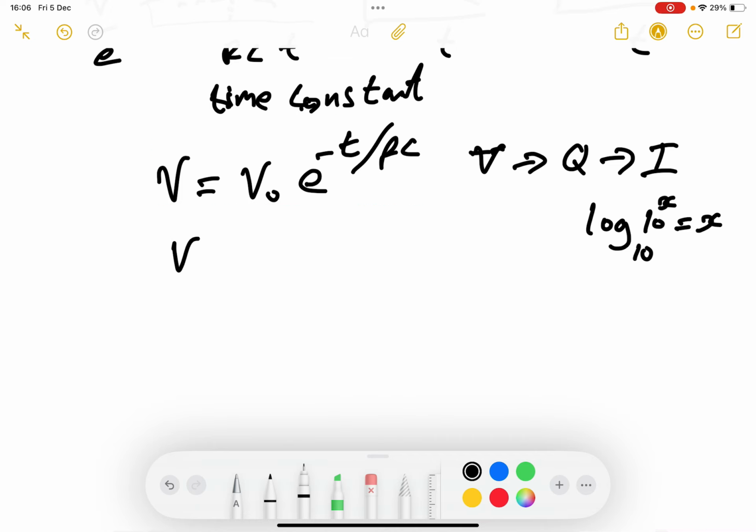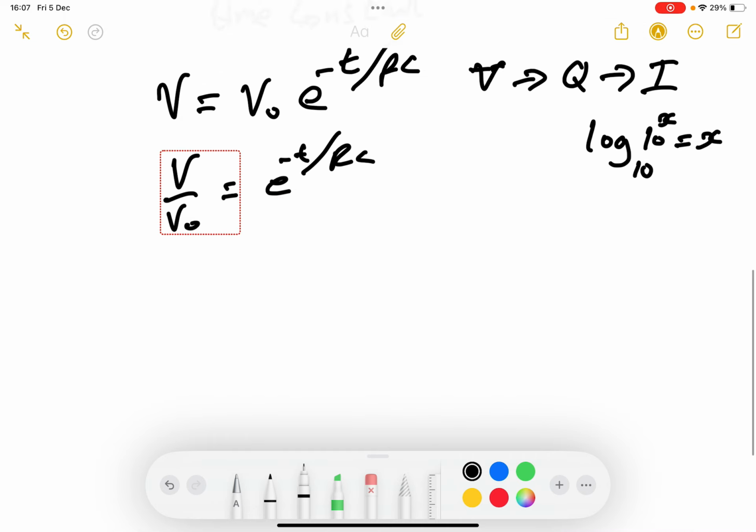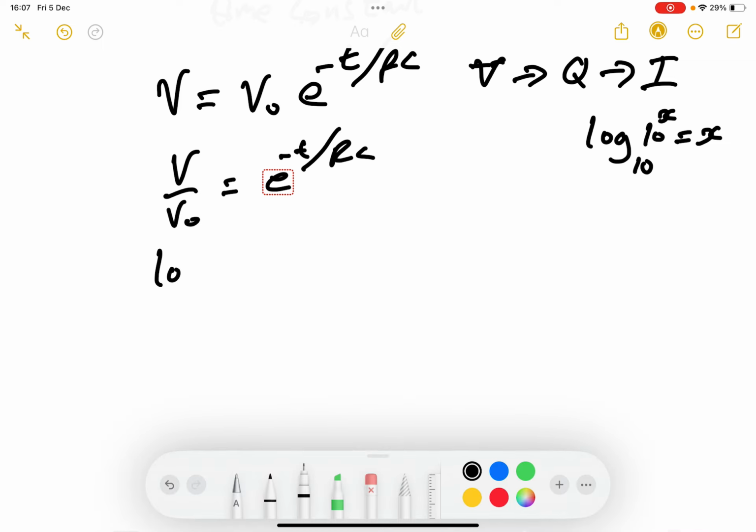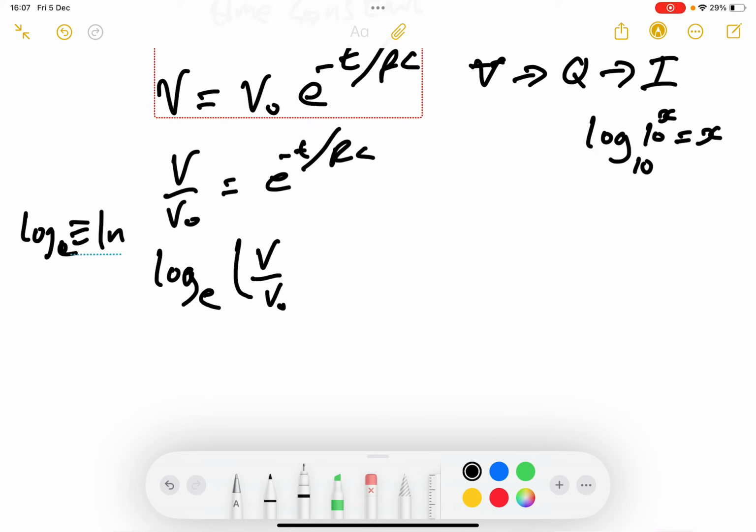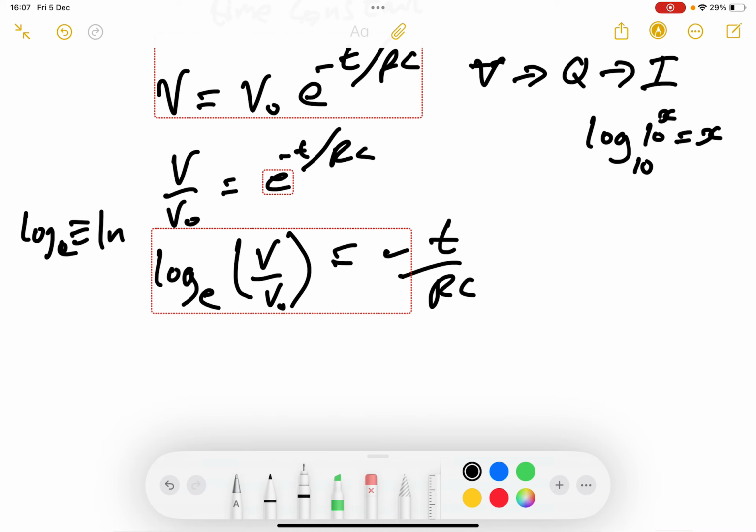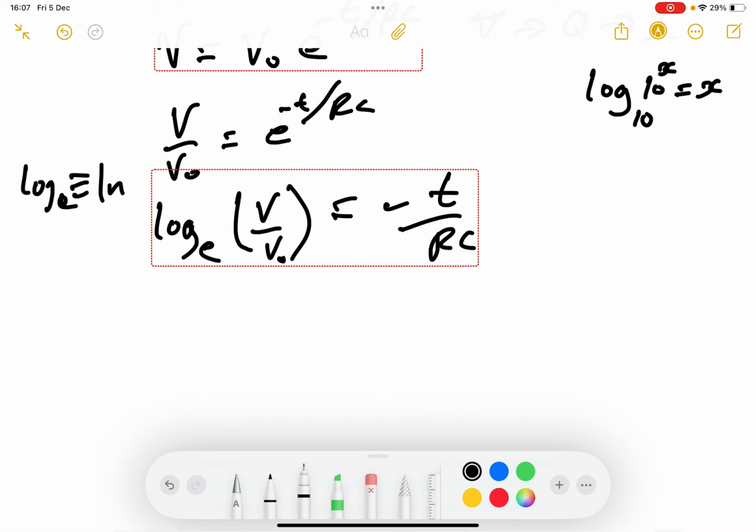So here we can say V over V naught equals e to the minus t over RC. So we take logs of both sides, log to the base e, which on your calculator is written ln, of V over V naught equals minus t over RC. So now we've rearranged that equation, and we can find the time taken to get to a particular voltage, and obviously that would work with current and it would work with charge.